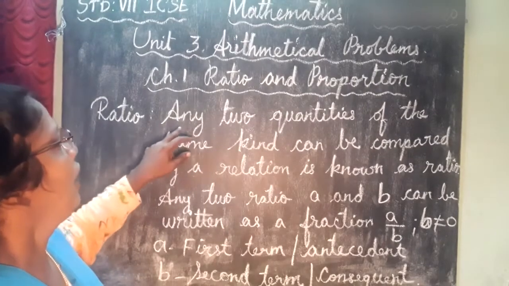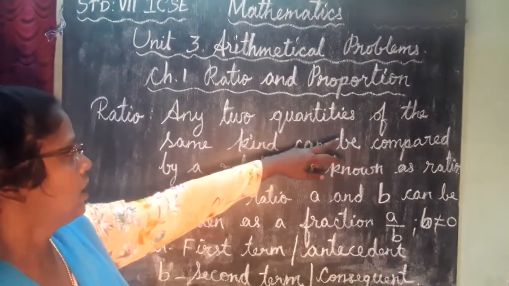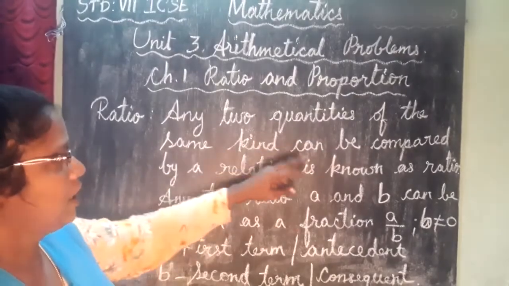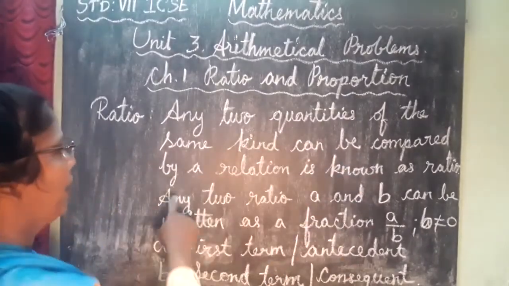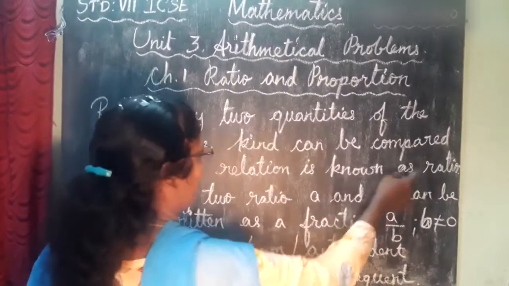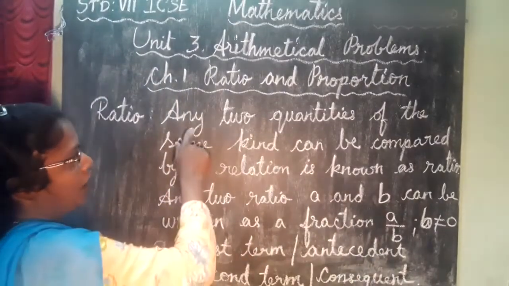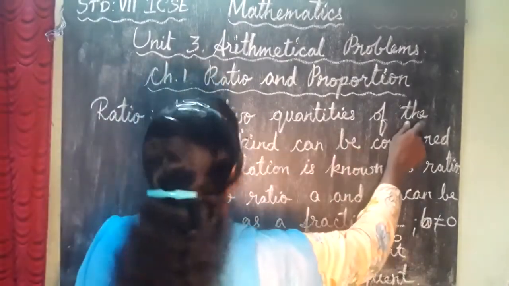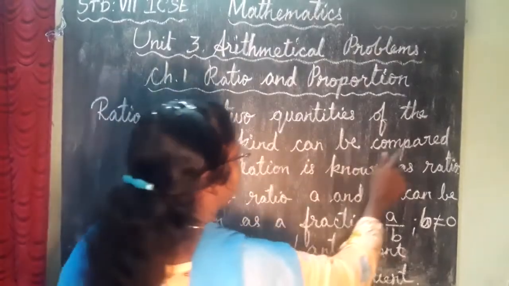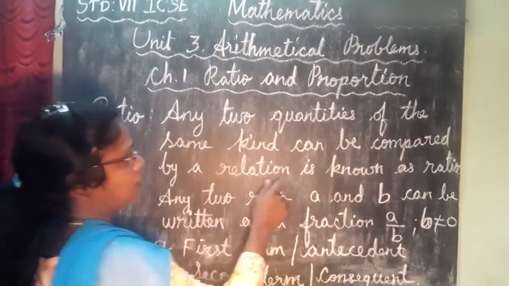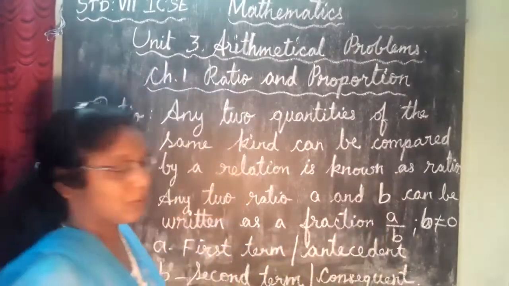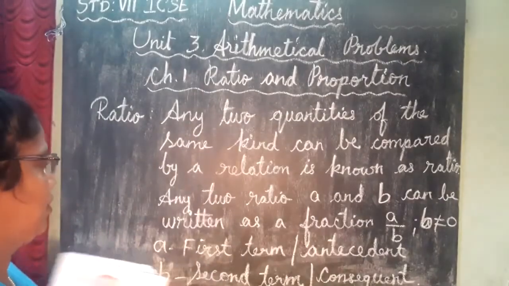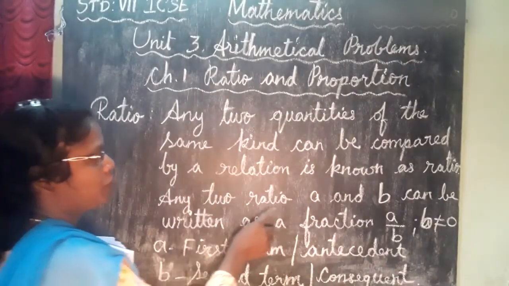Any two quantities of the same kind can be compared by a relation, which is known as ratio. This one we have already learned in the previous class. So any two ratio means what?